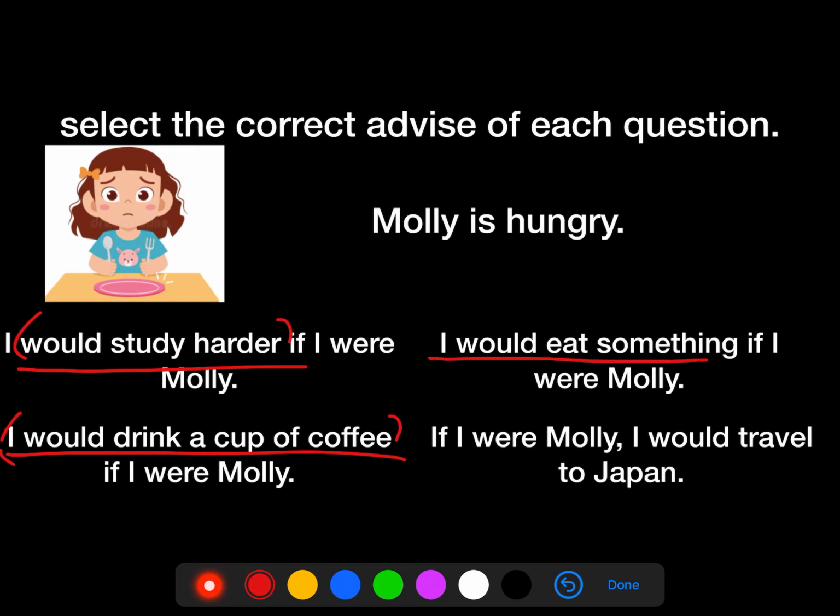That's the third one. If I were Molly, I would travel to Japan. So Molly is hungry right now. Then which would be the correct advice for Molly? Study harder? Drink a cup of coffee? No, she's not thirsty. Eat something? Or travel to Japan? Which would be the correct advice for Molly?